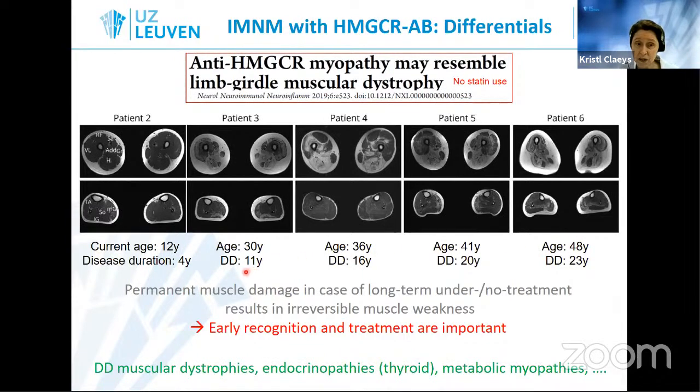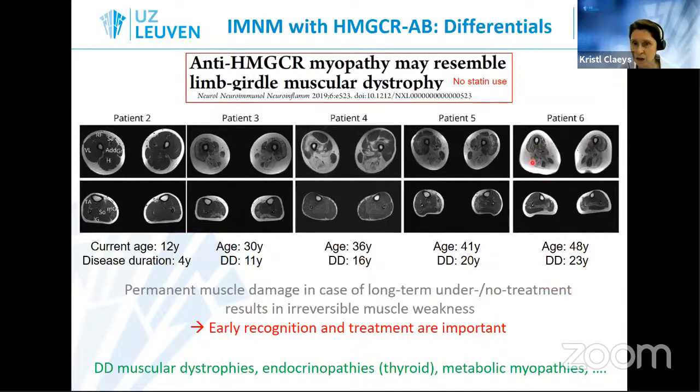But you see that the disease duration can be really very long. So the delay in making the diagnosis can be very many years, during which those patients are not diagnosed. And of course, what you see on the MRI is that with increasing duration of the disease, there is damage of the muscles, especially of the hamstrings, so the posterior compartment, and also of the anterior part after many years.